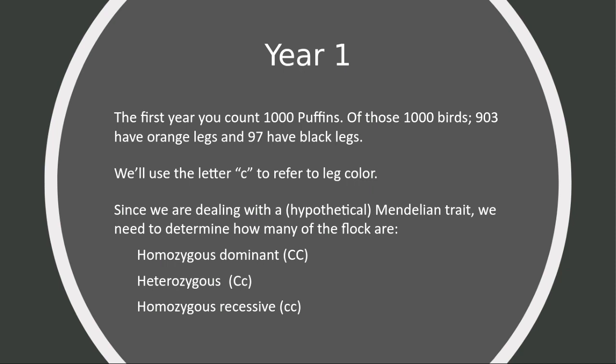Since we're dealing with a hypothetical Mendelian trait, we need to determine how many of the flock are homozygous dominant, meaning that an individual has two copies of the dominant allele, capital C, capital C. How many are heterozygous, meaning that they have one dominant and one recessive allele, and how many are homozygous recessive, meaning they have two copies of the recessive allele.